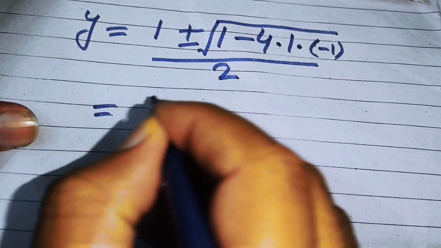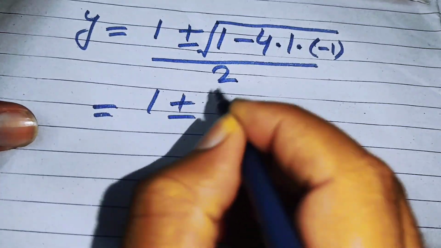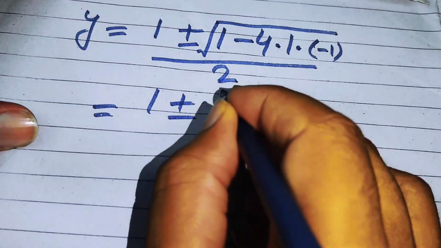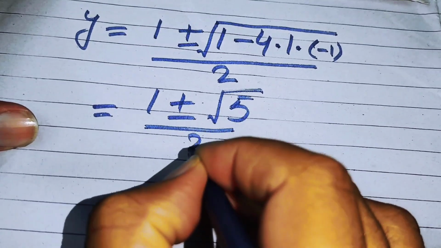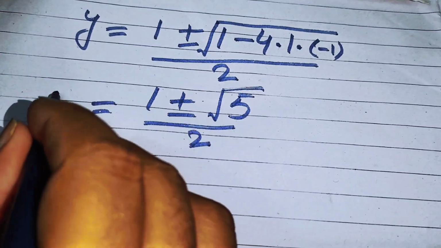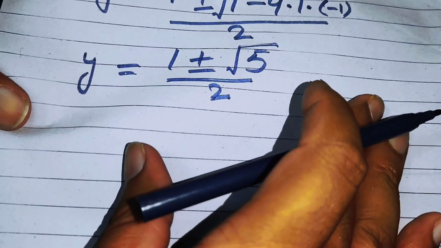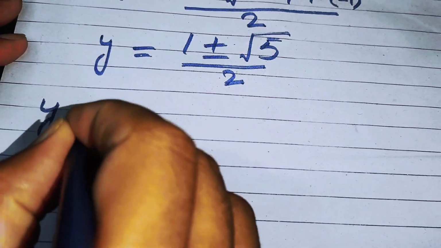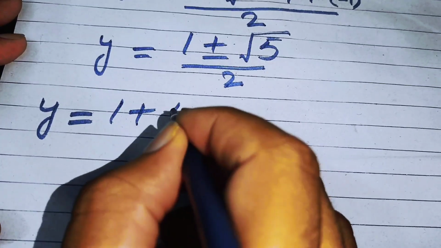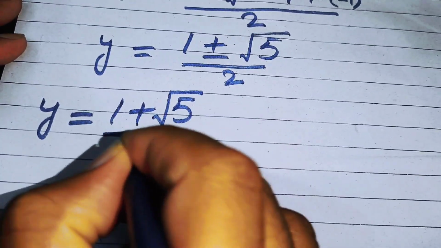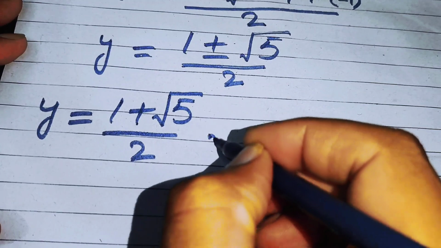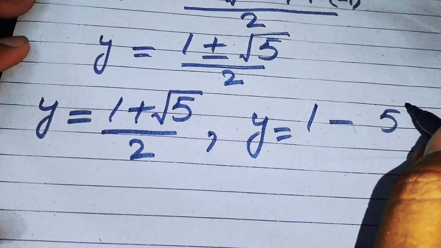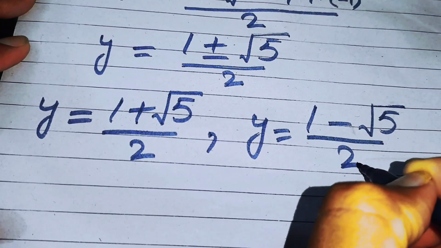So here you get 1 plus minus, here you have minus minus plus, and 1 plus 4 is square root 5 over 2. So here you have two cases. The first case is y is equal to 1 plus square root 5 over 2, and the other case is y is equal to 1 minus square root 5 over 2.